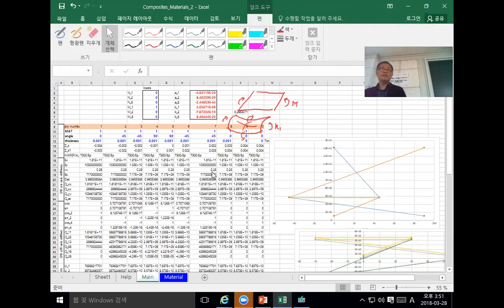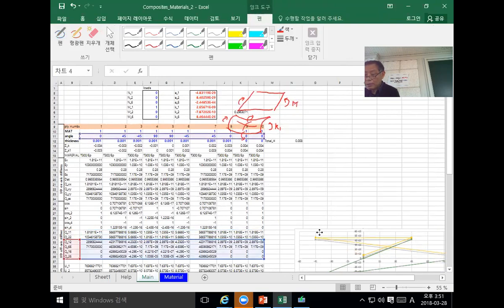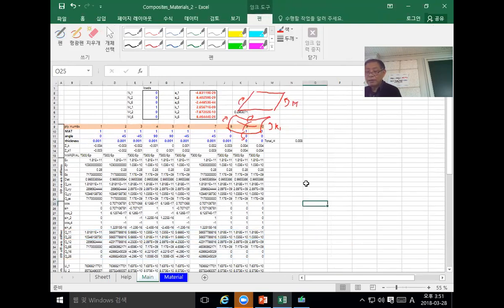Okay, so now we don't need to have this one. This one is not so important right now, but this input and output is important. Okay, any questions? Now it's precisely 350.